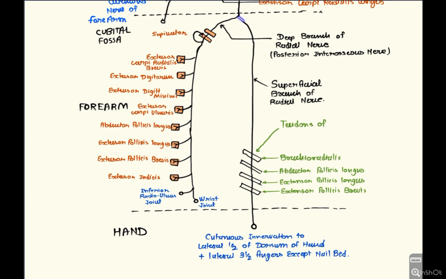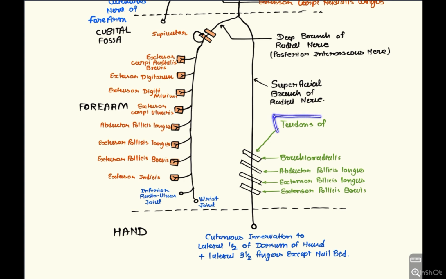The superficial branch of the radial nerve is the cutaneous branch. It passes in the back of the forearm, and lastly it ends in the anatomical snuff box.